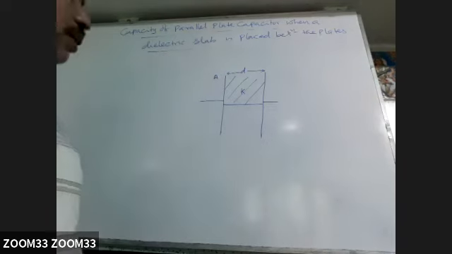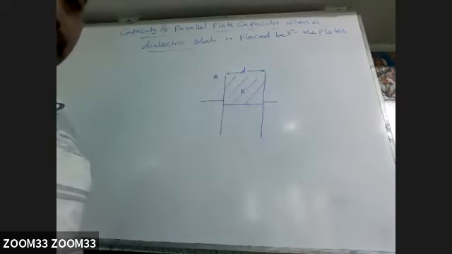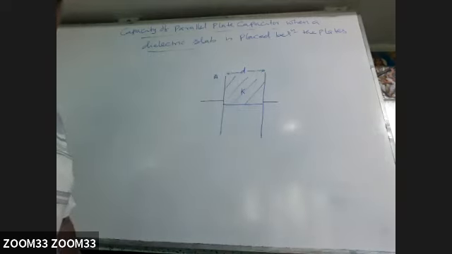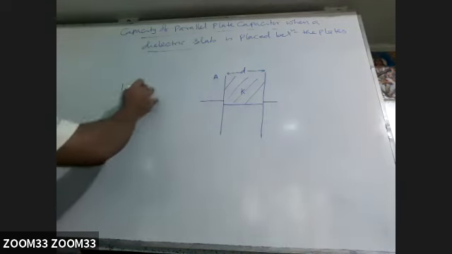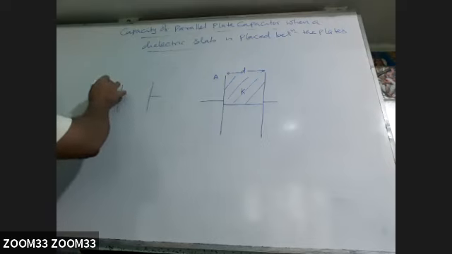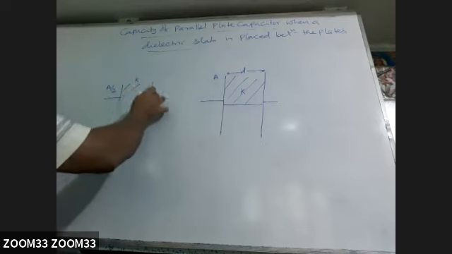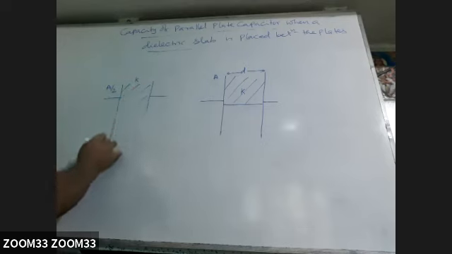In this situation, we will treat it as two different capacitors. Here, this is A by 2 area and the dielectric is present. Another is this one, which has got air only, and 50% area is here.